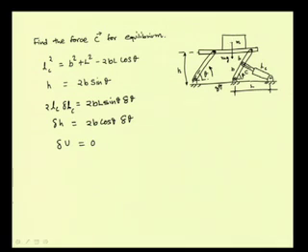Since the platform is raised against the weight, it is a negative work, minus mg delta h, and this is a positive work done by this hydraulic link. So, we have plus C times delta L_c equal to 0.